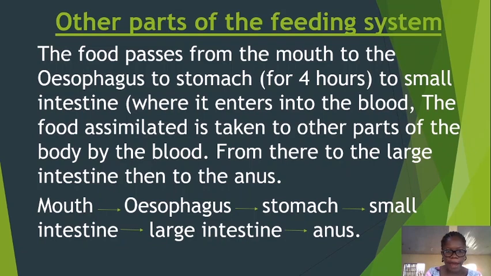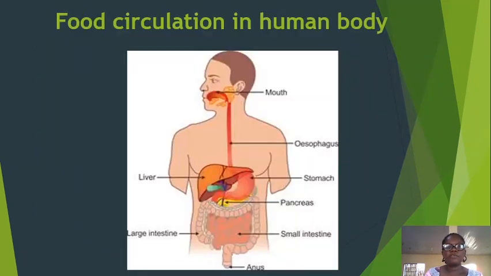You can see my arrow there. From the mouth, it moves to the gullet, to the stomach, from the stomach to the small intestine, then from the small intestine to the large intestine, and it finally gets to the anus, which is the final stage of the food passing through the body.